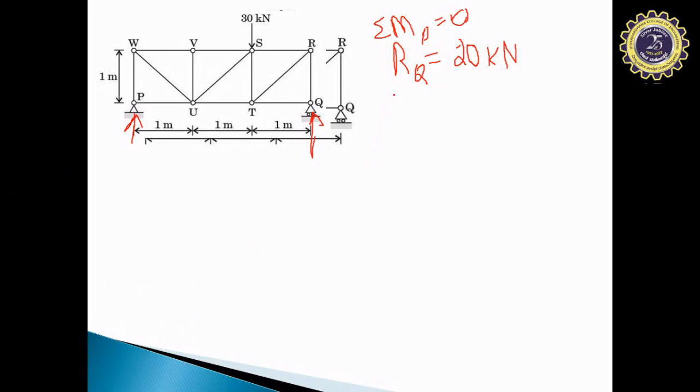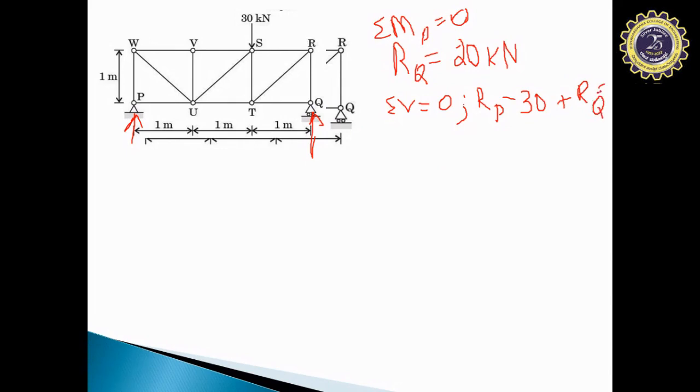The second equation is sigma vertical forces equal to 0. Let us consider all the upward forces as positive and downward forces as negative. So RP, the reaction at P, is an upward force, so plus; minus 30 because it is a downward force; and plus RQ because it is again an upward force.